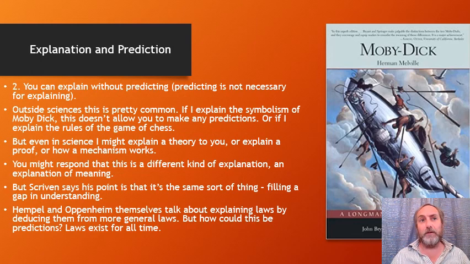And according to Hempel and Oppenheim, I can also explain that law if I can provide premises from which you could deduce that law, which would involve the physics of the substances and of light. But that's not a prediction. It's not like I could make that prediction before the law exists. Laws exist throughout the universe for all time, so there's no predicting a law. So even out of their own mouths, Hempel and Oppenheim sort of contradict themselves there. In the case of explaining laws, explaining can't be predicting.